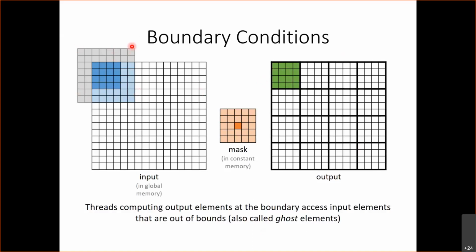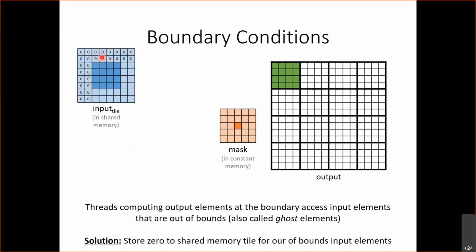When you load this input tile and then start computing using shared memory, you can either go back and check if the original global memory access was inbound, or another popular way of handling these out-of-bound elements, which we also call ghost elements, is you can simply load zeros in their place.